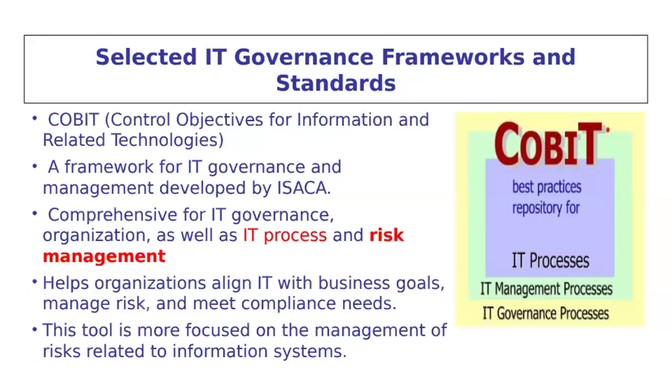Comprehensive for IT governance, organization, as well as IT process and risk management. And the main objective is to align IT with business goals, manage risk, and meet compliance needs. And it is more focused on the management of risk related to information systems. So first one is COBIT.